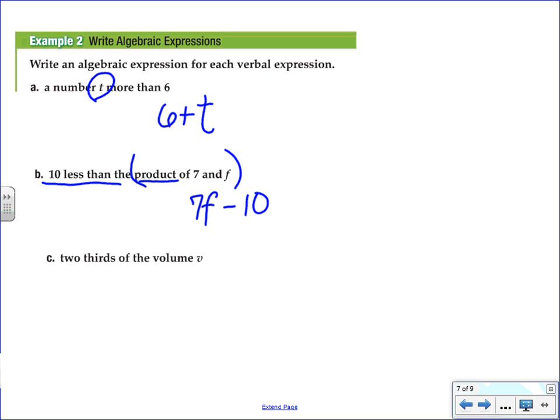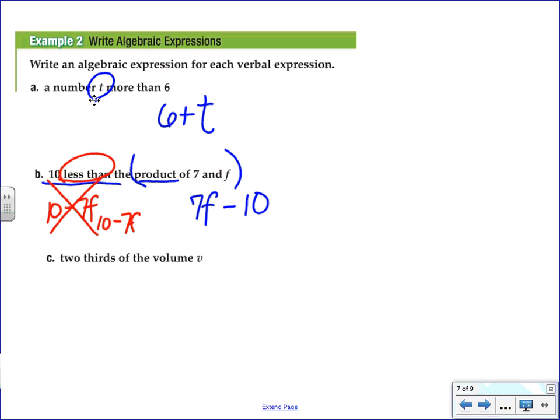It is not 10 minus 7f. 10 minus 7f would be 10 minus the product of 7 and f. This is 10 less than, so it's on the other side. So be careful with that one. You have to listen very carefully to exactly what the words are telling you.